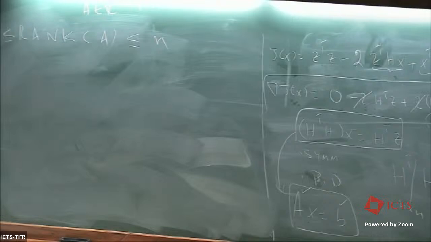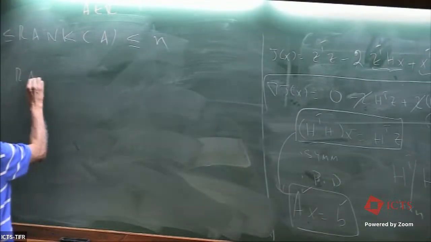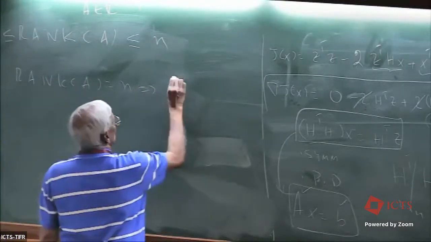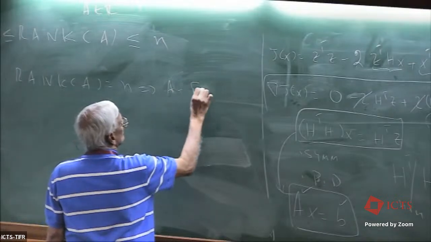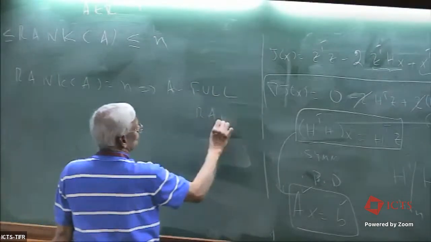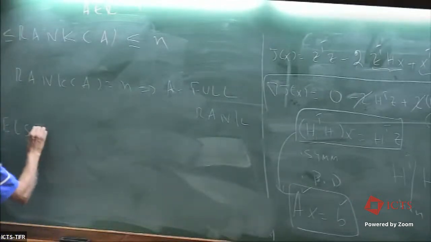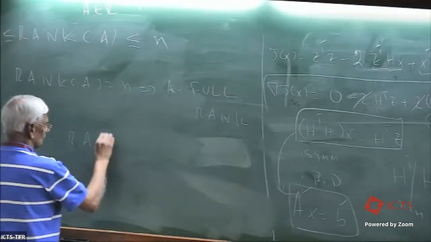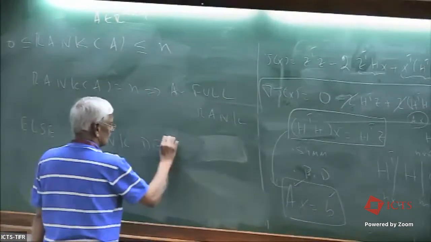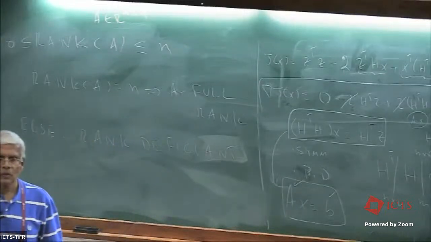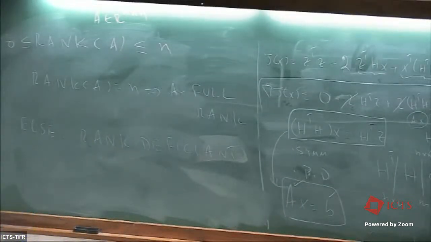When the rank of A is equal to n, we say A is full rank. Else it is called rank deficient. So linear independence relates to full rank. Linear dependence relates to rank deficiency.